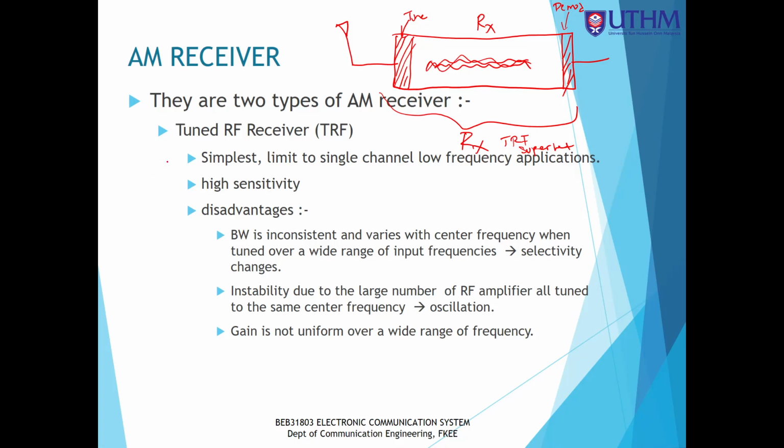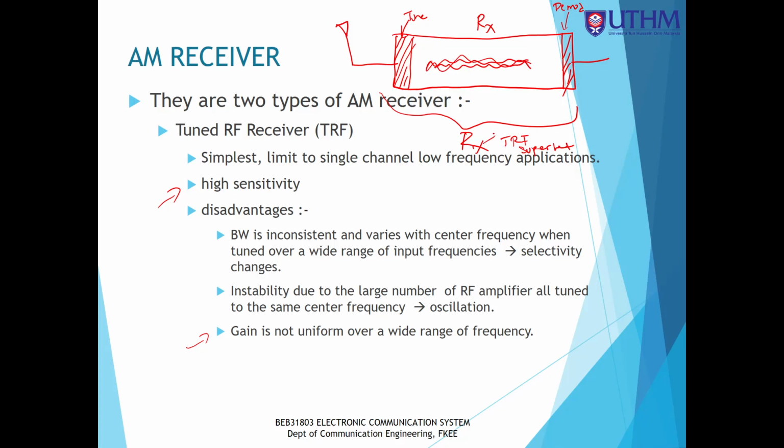It is a simple circuit, limited to single channel low frequency applications, with high sensitivity, and it has a few disadvantages. The bandwidth is inconsistent and varies with center frequency when tuned over a wide range of the frequency band. There is instability due to the large number of RF amplifiers, and the gain is not uniform. So these are the disadvantages of the tuned circuit.